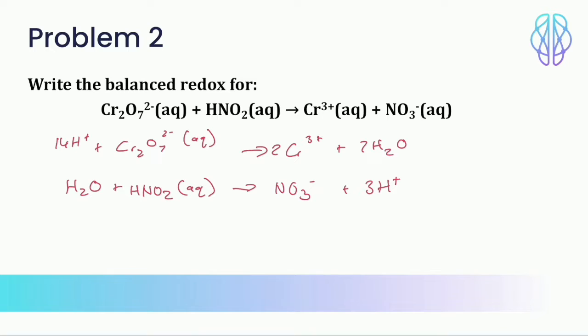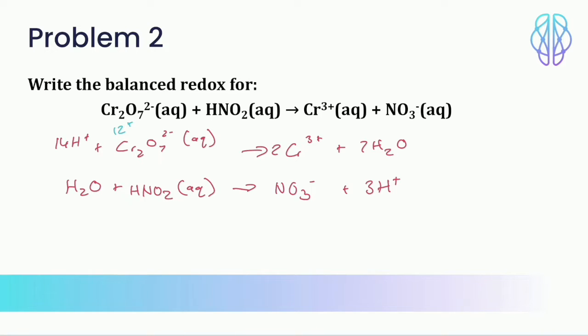Now the next step we're going to move on to is balancing the charge across each equation with our electrons. So let's add up our charge on our top equation. I'm going to use a different color here: a 12 plus on the left-hand side, because we've got 14 positive protons and we've got a -2 charge here. So 14 minus 2 is going to leave us with 12 on the left-hand side.